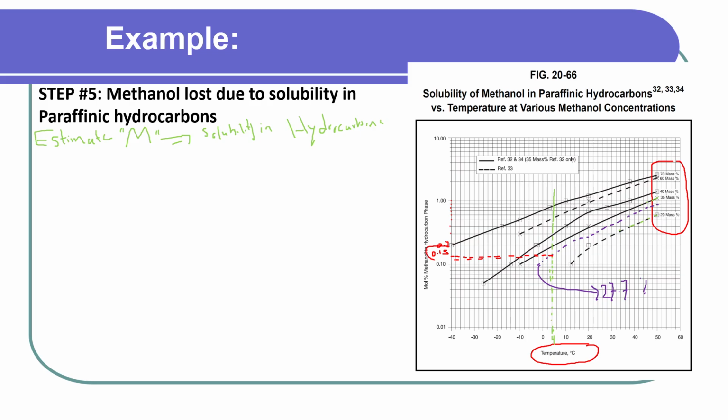So I found the mole percentage. The y-axis here is the mole percentage, and the value that I found is 0.15, which is the mole percent of methanol in hydrocarbons.